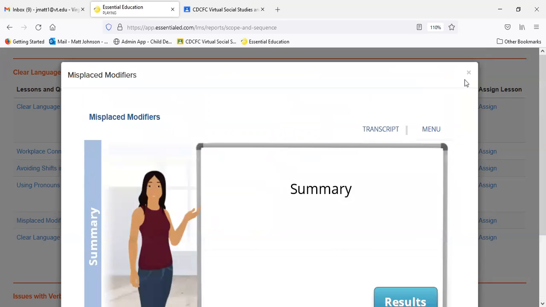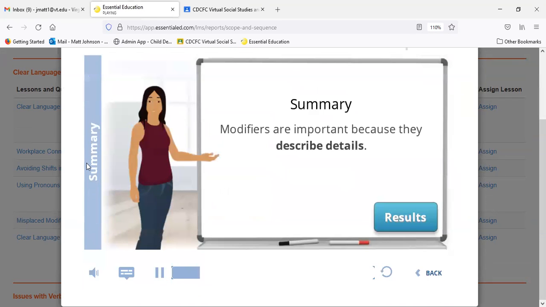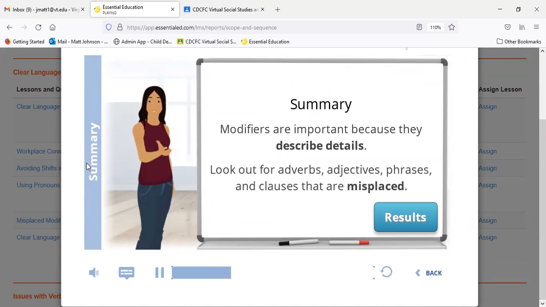Thank you for finishing the Misplaced Modifiers lesson. I hope it helps you improve your writing. Modifiers are important because they describe details. If you put them in the wrong place, though, they just cause confusion. Look out for adverbs, adjectives, phrases, and clauses that are misplaced. They often seem to describe one noun or verb when they're meant to describe something totally different.